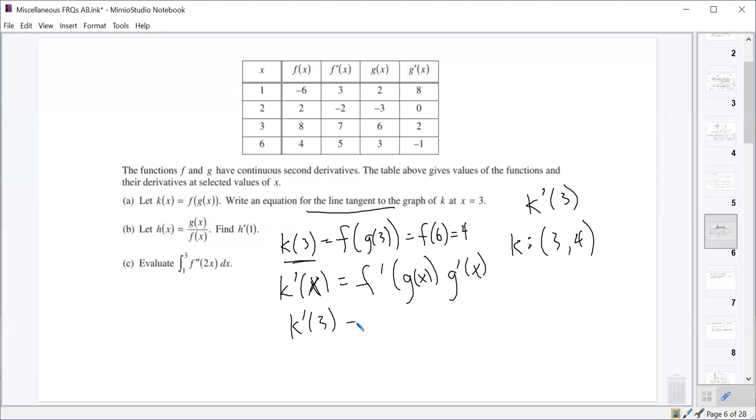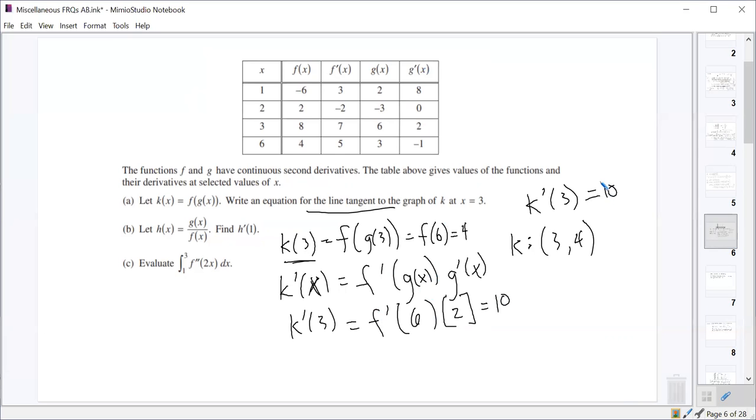So k prime of 3 ought to be f prime of g of 3. And what was g of 3? G of 3 was 6. So we've got f prime of 6 times g prime of 3. G prime of 3 is 2, and f prime of 6 is 5. So this is 10.